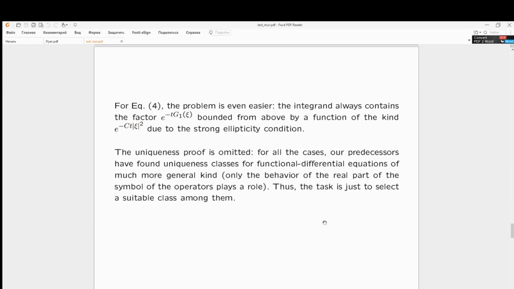I shall not speak about the proof of the uniqueness, because actually all the task is to find a correct class of initial value functions, and this is done by my predecessors even for a much more general type of equation.